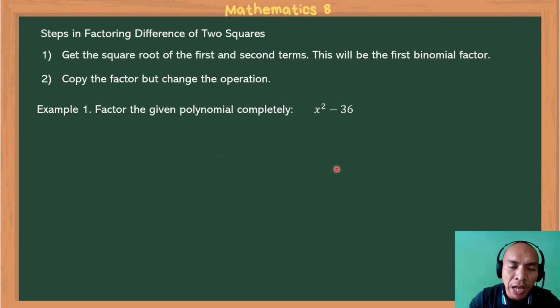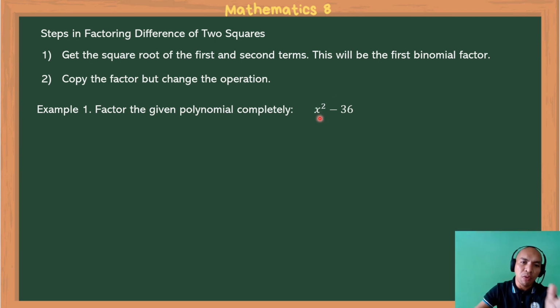For example, before you factor the given polynomial, if it has only two terms, you have to take a look if the operation given is minus. If the operation is minus, you have to take a look again at the given terms. Is the first term a perfect square? Is the second term also a perfect square? So examine x squared.